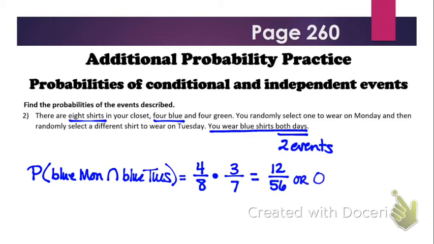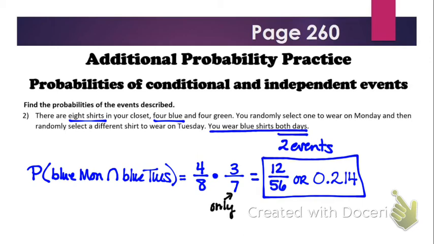Or if we wrote that as a decimal, 0.214. Here, there's only 7 shirts left. Only 3 blue shirts left.